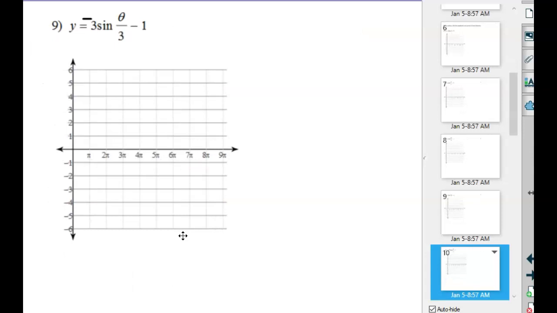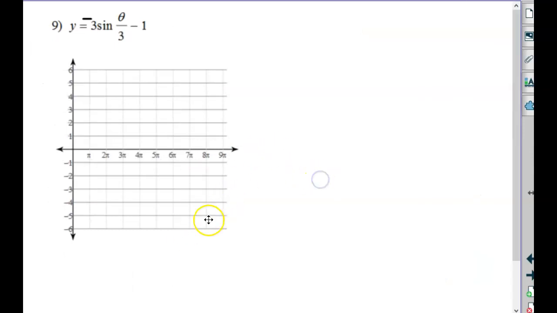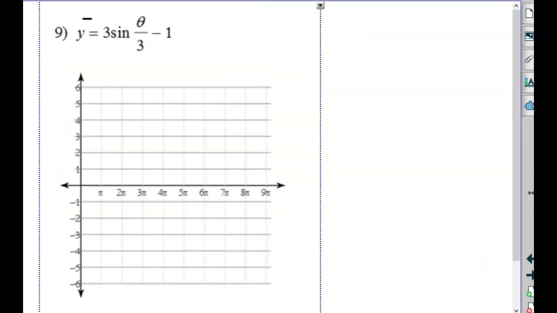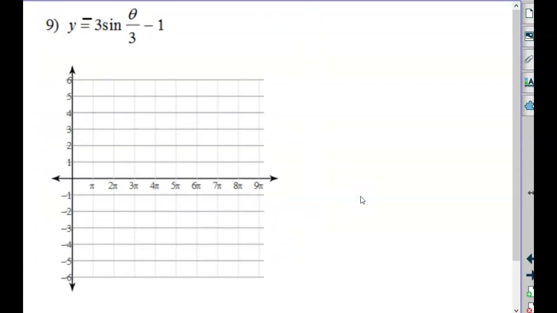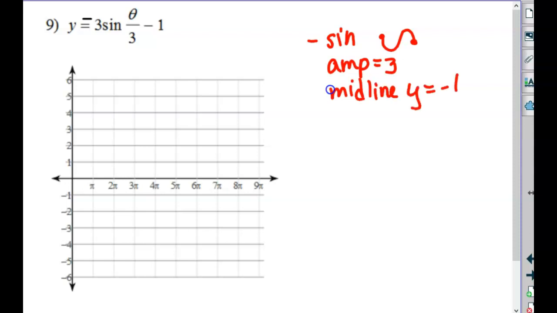Number 9, right? Okay, worksheet 11, number 9. Does it have this negative? Yeah. Okay. So it's supposed to be a negative sign. So if I were doing this on the quiz, I would make myself some notes. It's supposed to have this shape. Okay, what else can you tell me before you start it? Amplitude is 3. Midline is down at y equals -1.